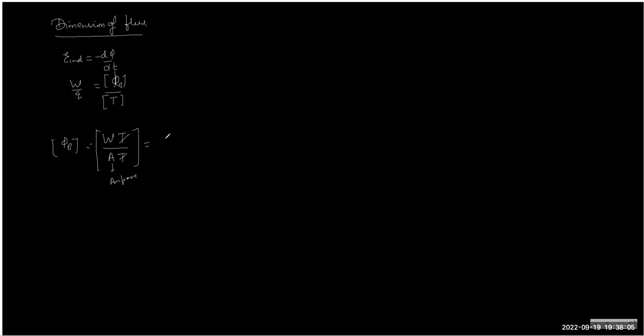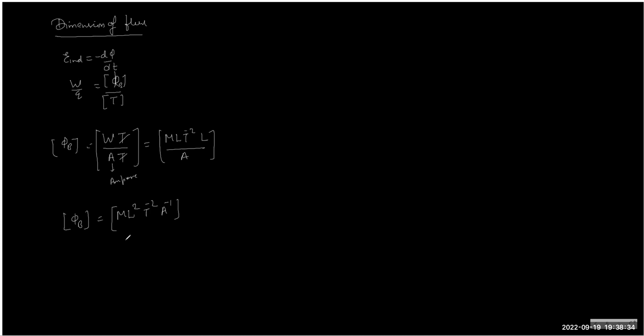And work is force into displacement. So it is M L T minus 2, force, into displacement. And this is ampere, which we cannot change. So the dimension of flux turns out to be M L square T minus 2 upon ampere. So you can see that it is the energy.